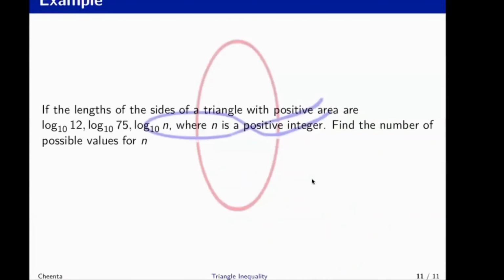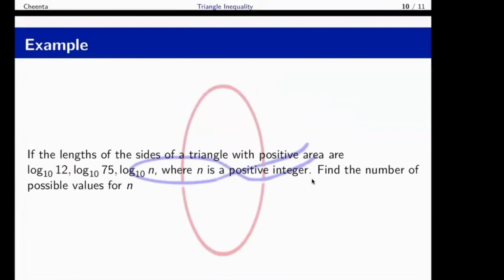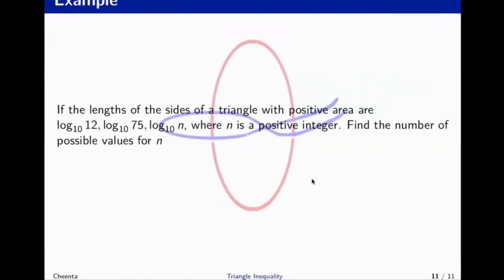Now let us try to solve this small example by using the triangle inequality. It is given that the lengths of the sides of a triangle with positive area are log to the base 10 of 12, log to the base 10 of 75, and log to the base 10 of n. You need to find the possible values of n here, and it is also given that n is a positive integer.